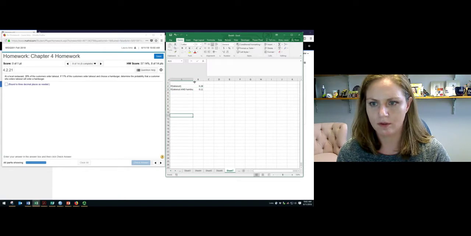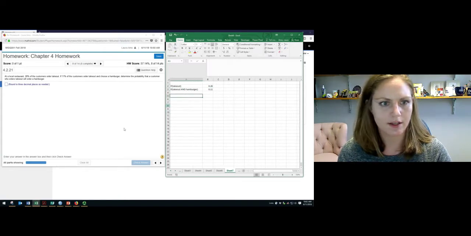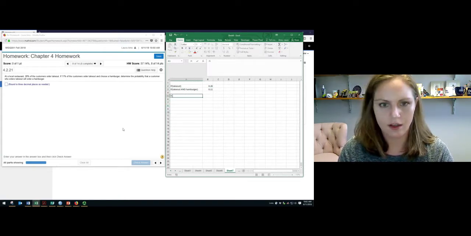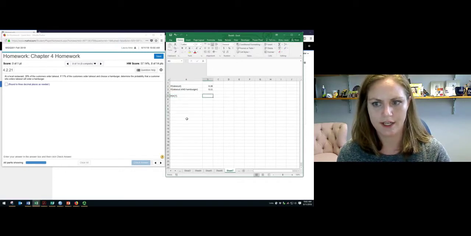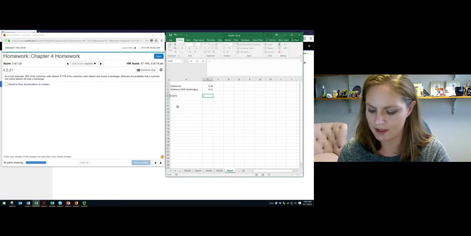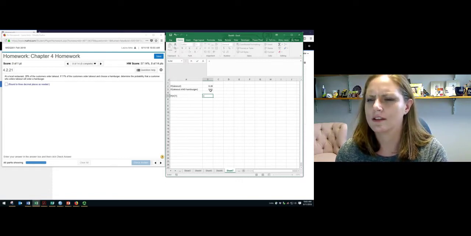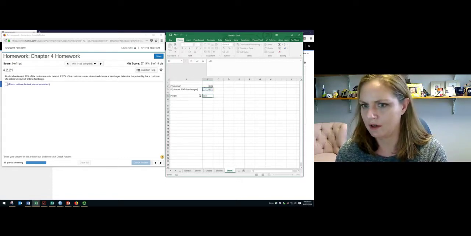So what we're interested in here, they're asking, is the probability of ordering a hamburger given that we are ordering takeout. The way that we do this is the probability of takeout and ordering a hamburger divided by this.